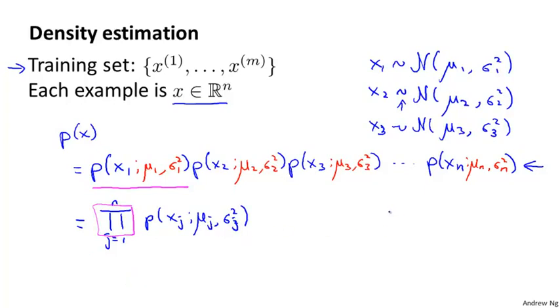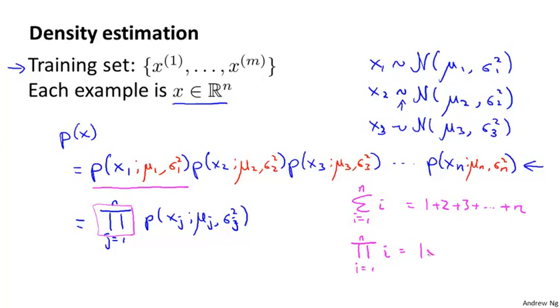And so, you're familiar with the summation notation. If I write sum from i equals 1 through n of i, this means 1 plus 2 plus 3 plus dot dot dot up to n. Whereas this product symbol, product from i equals 1 through n of i, means that it's just like summation, except that we're now multiplying.